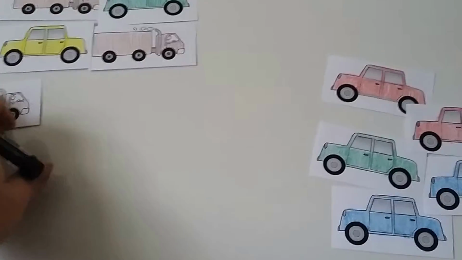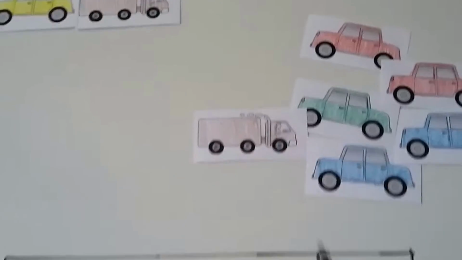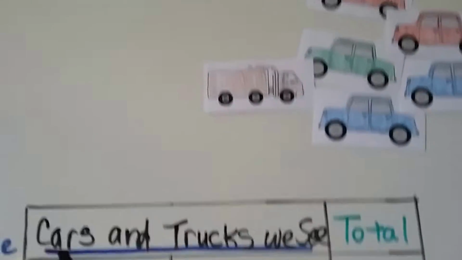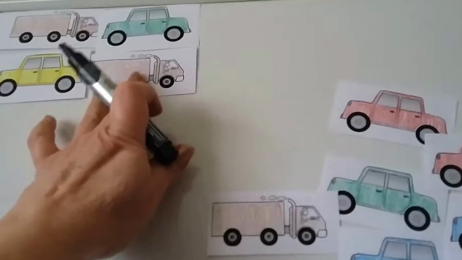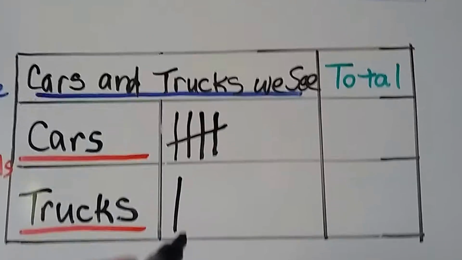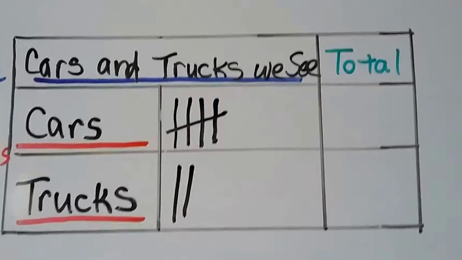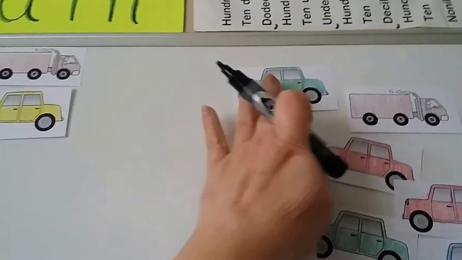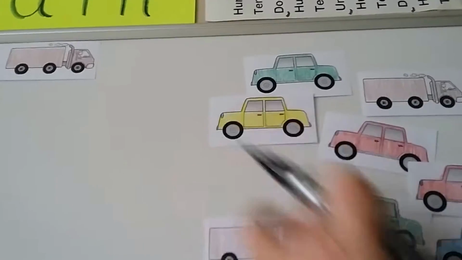Ooh, look, now we see a truck. So we can put a tally mark for the trucks. When we see another truck, it goes by. We'll do another tally mark for the truck. And then we see another car and another car, so that's 2 more cars.